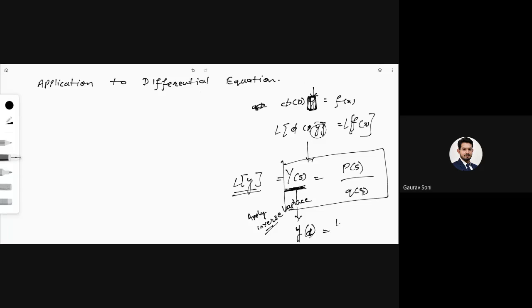On the other side, the inverse Laplace of P(s) upon Q(s): we use partial fractions or some other method, and we solve the right hand side, and that will be the solution. So the differential equation will be given. You take the Laplace and find the value of capital Y(s). Once you get it, you take the inverse Laplace transform of both sides, and we will get the solution of the given differential equation. So this is the complete method.